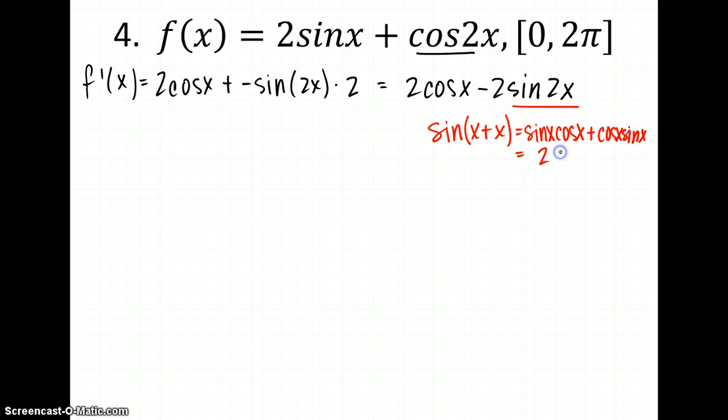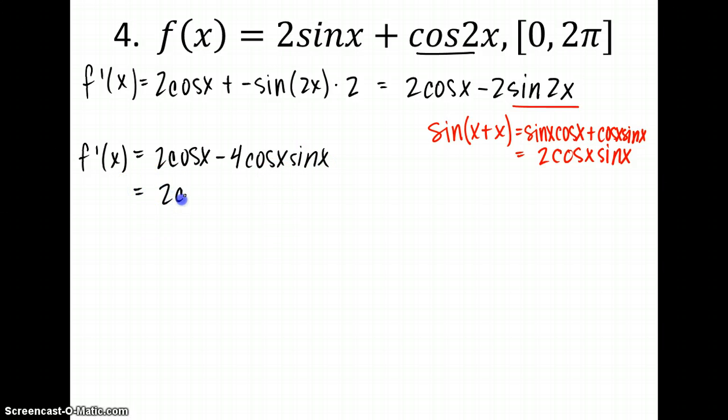So this combines to 2 cosine x sine x. And I'm going to do that so I can factor my derivative. So I have 2 cosine x minus 4 cosine x sine x. Factoring out a 2 cosine x, I'm left with 1 minus 2 sine x.